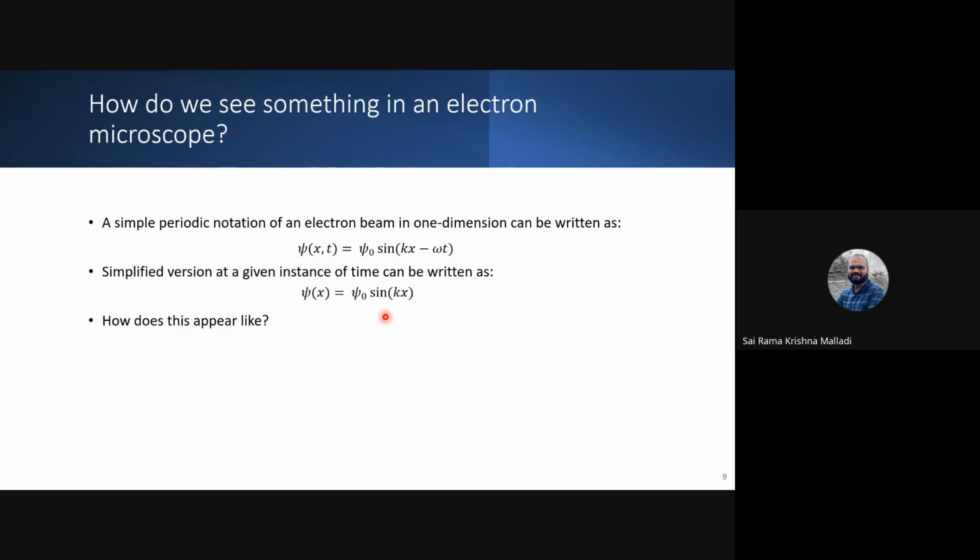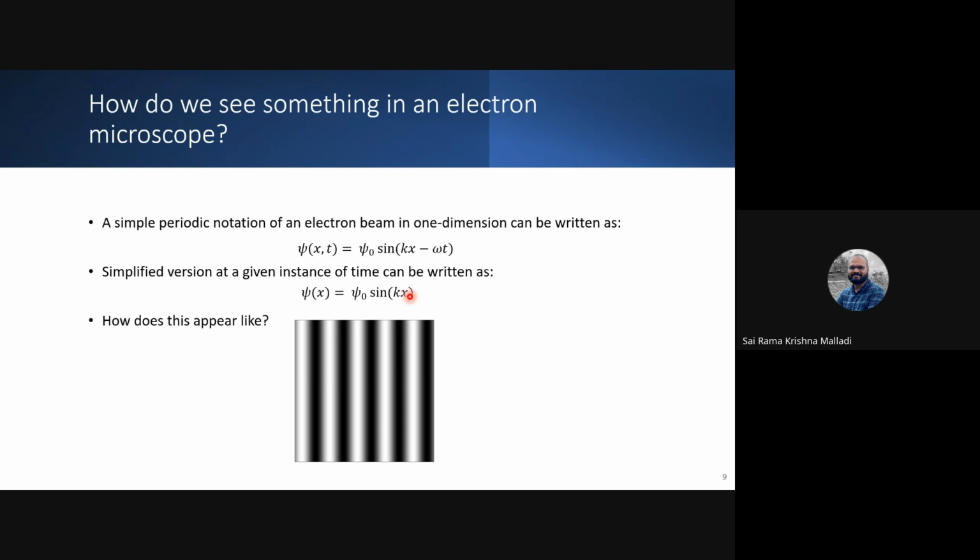Okay. So, my next question is, if I plot this, how does this look like? Do you agree that this looks like this? To show my sinusoidal waveform, what do I do on this?